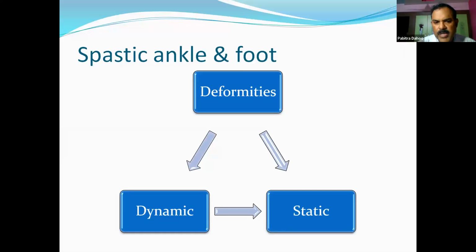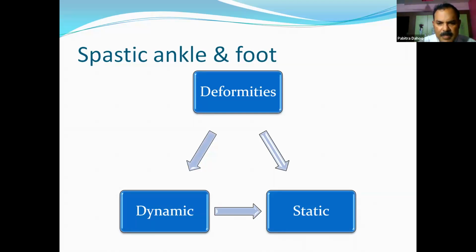So we always try to prevent the conversion of a dynamic deformity to a static deformity. Early identification of spastic deformities is key to successful treatment of deformity in spastic cerebral palsy.